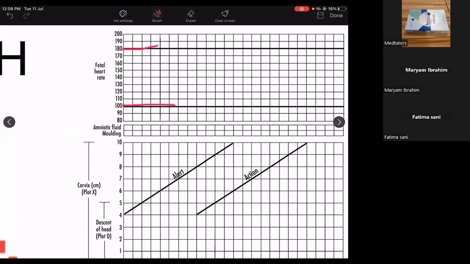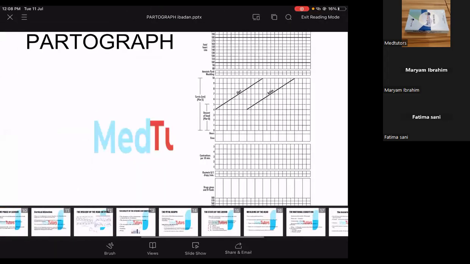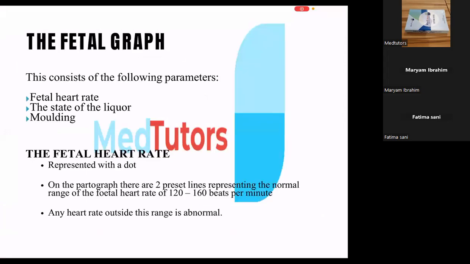This is to show you that anything above or anything below these preset lines is abnormal. As long as you see that you are going below this line or above this line, you should know that there's a problem. So any heart rate outside the range of 120 to 160 is abnormal.